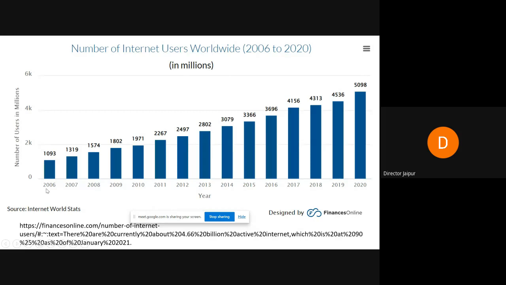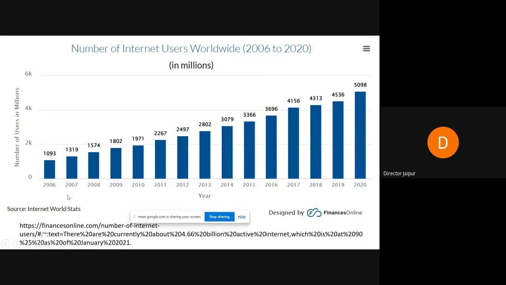Around 2006, even the Rediff mail had just come, and I'm talking about India. The Rediff mail came around 1991 or so, but by 2006 it had not matured.